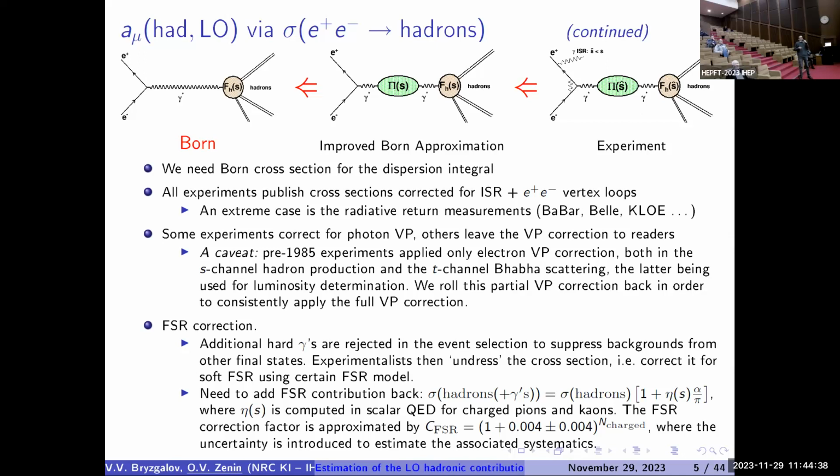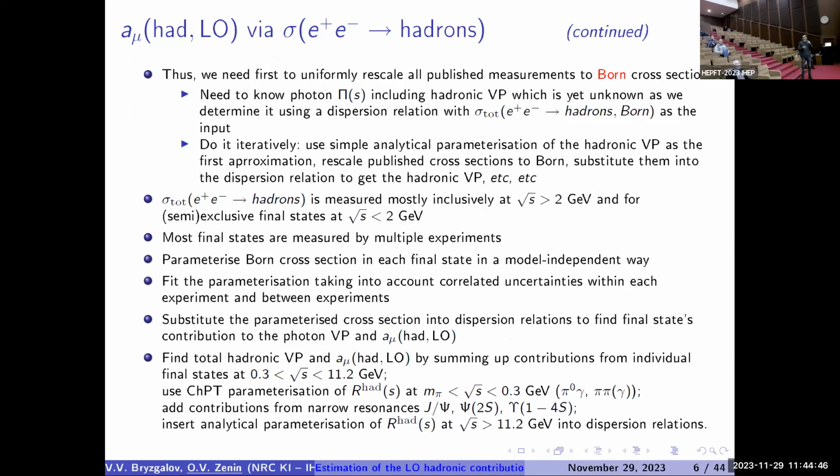In practice, what is technically needed to do this estimate? The typical situation is that some hadronic final states, either exclusive like π+π− or inclusive at higher energies, are measured by multiple independent experiments with quite dense binning over center of mass energy.